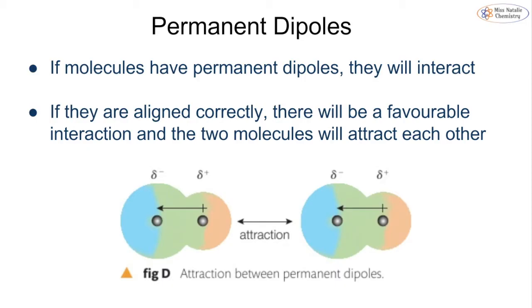So let's look at the second type of intermolecular force, and this is known as a permanent dipole interaction. So just as a reminder about what a permanent dipole is, this is when we get a difference in electronegativity. Okay, and it has to be a fairly large difference in electronegativity.